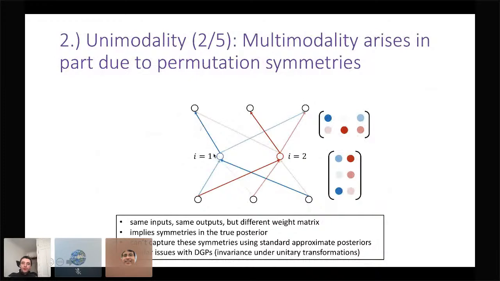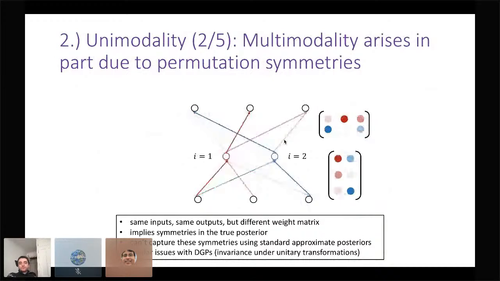Now these blue connections and the blue elements in these weight matrices indicate a negative weight, and the red connections indicate a positive weight. Now what I'm going to do is swap the identity of those two units in the middle layer. I'm going to swap those over.